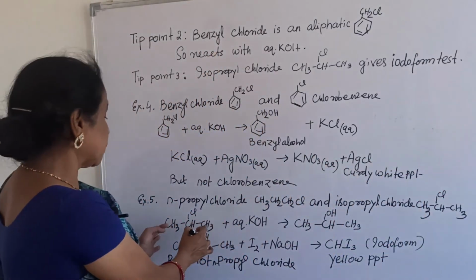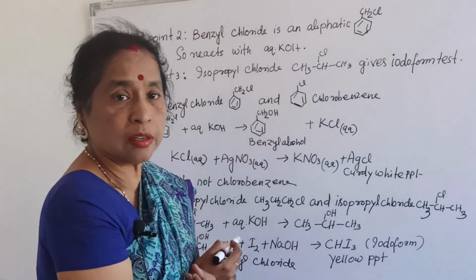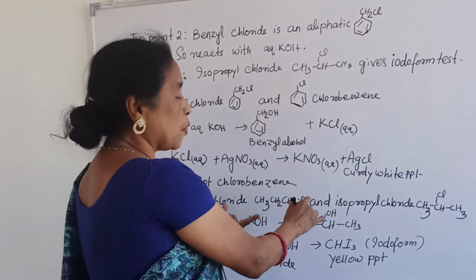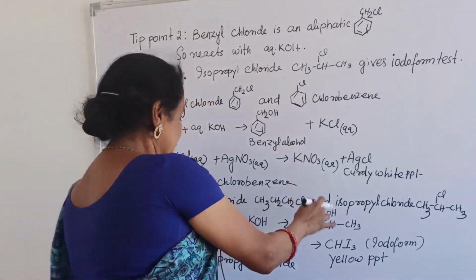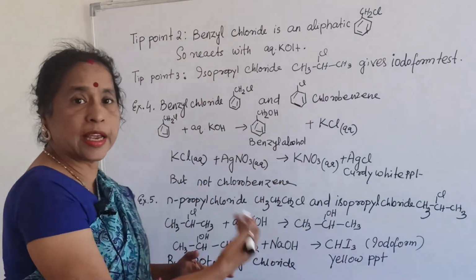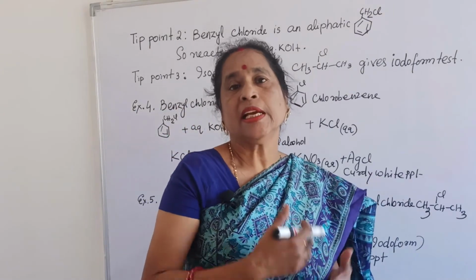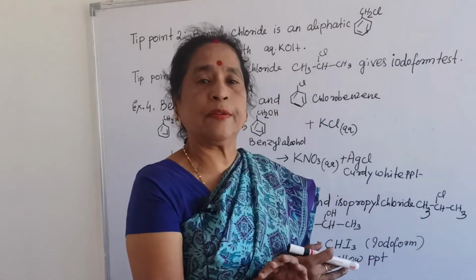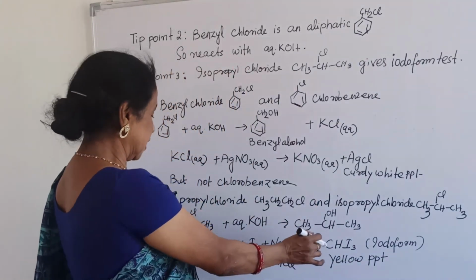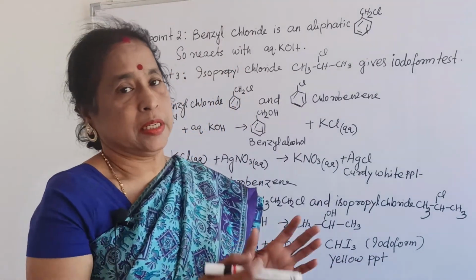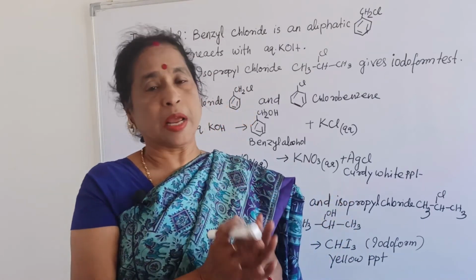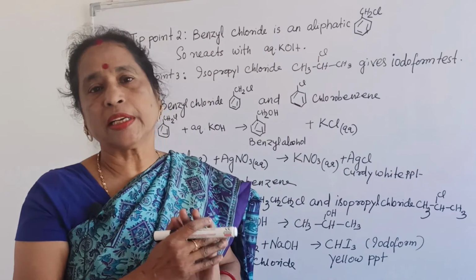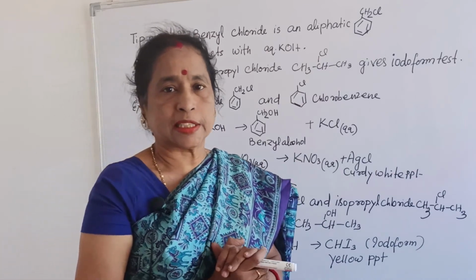When it reacts with KOH, it gives a secondary alcohol, isopropyl alcohol. This isopropyl alcohol, when reacted with iodine and NaOH, gives iodoform, CHI3, a yellow precipitate. But propyl chloride, a primary one, gives a primary alcohol and never gives the iodoform test.